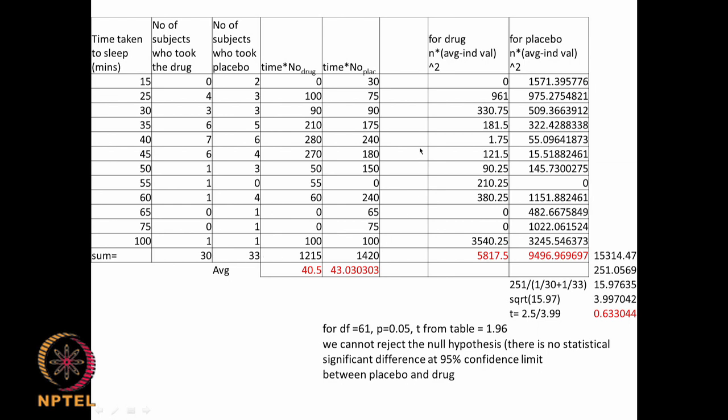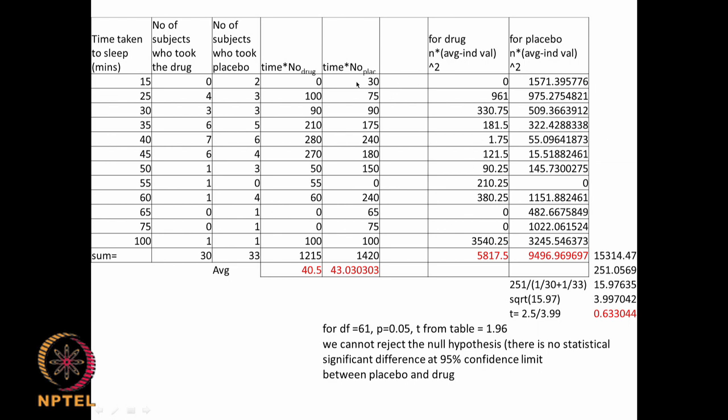Now, how do you calculate the variances here? If you want to look at the drug part of it, we say (40.5 minus 15) squared multiplied by the number here, in this case 0, then (40.5 minus 25) squared multiplied by 4 people, (40.5 minus 30) squared multiplied by 3, that is what you are writing here. Then here (40.5 minus 35) squared into 6. Like that you keep on doing for the drug.